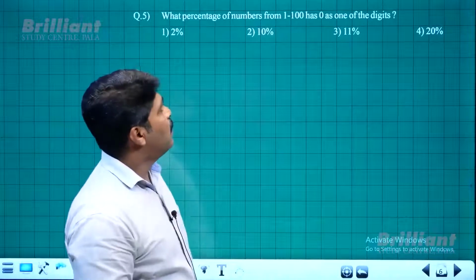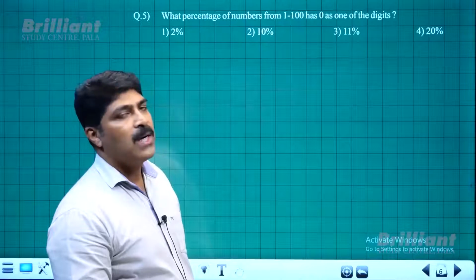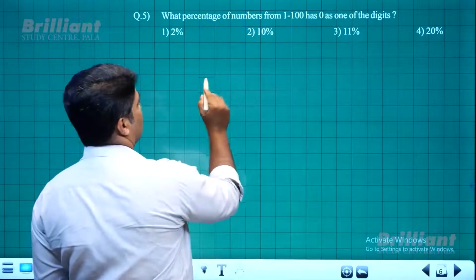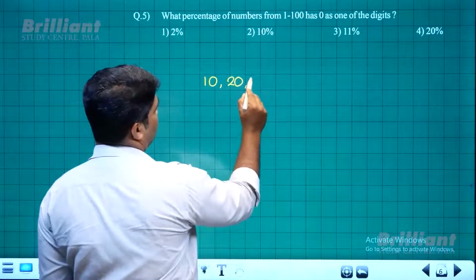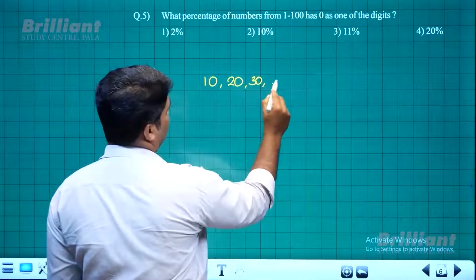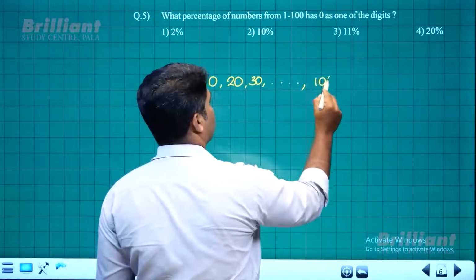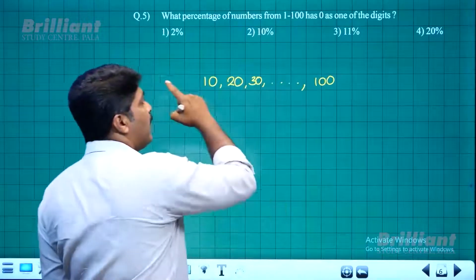What percentage of numbers from 1 to 100 has 0 as one of the digits? So 0 as one of the digits, the first such number is 10, second 20, and third 30, and so on. So here up to 100. Here we need to find out how many numbers.